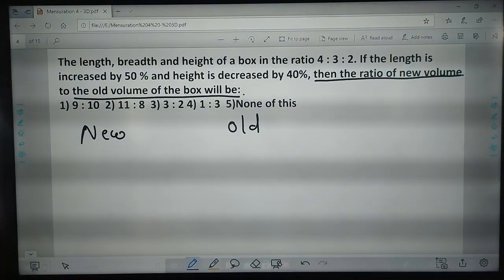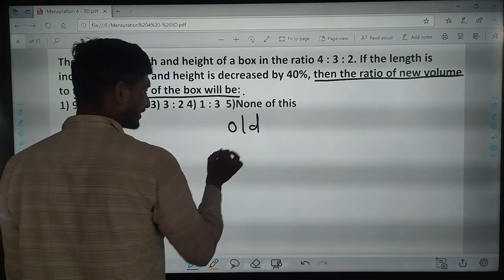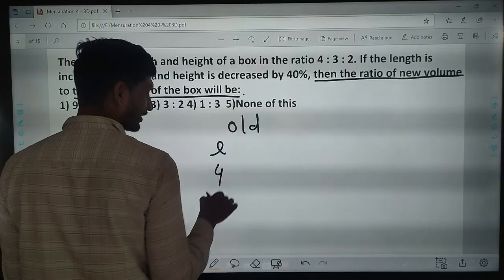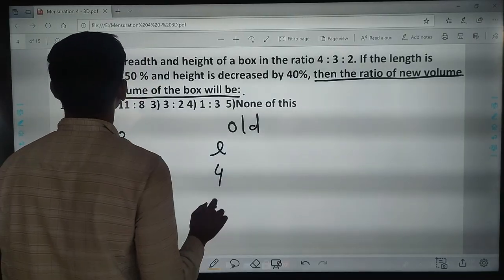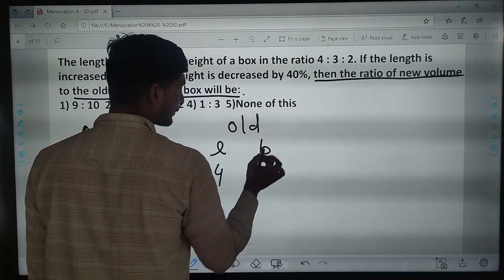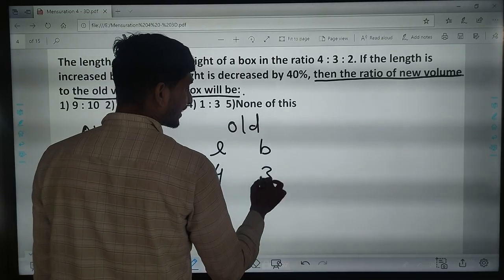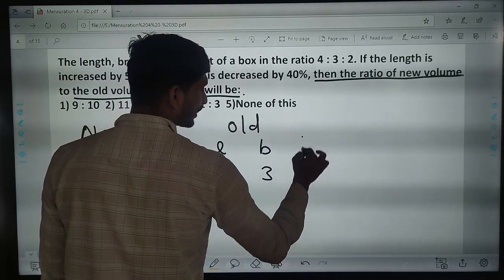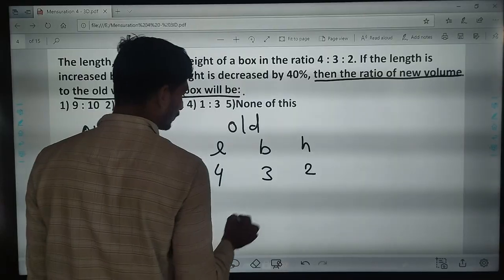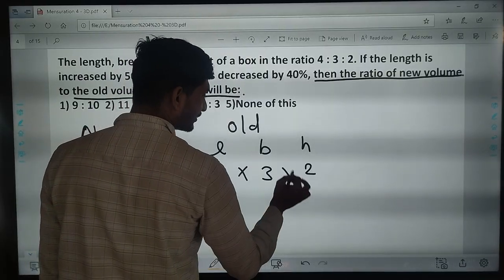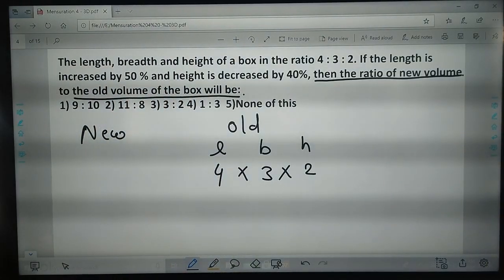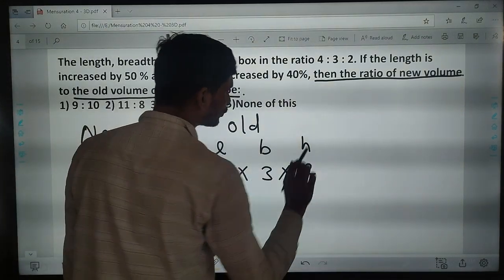Now here the old length is 4. Here consider it directly as 4. The old breadth is 3 and your old height is 2. Then the old volume is equal to 4 into 3 into 2.